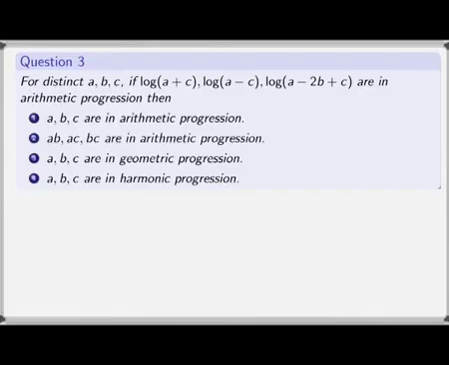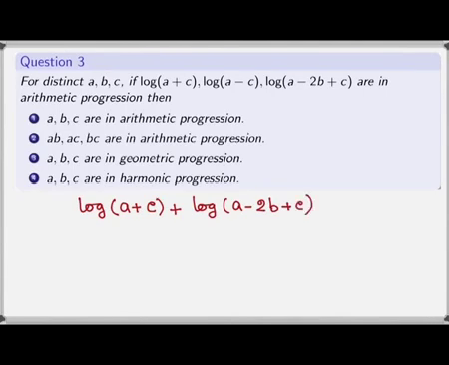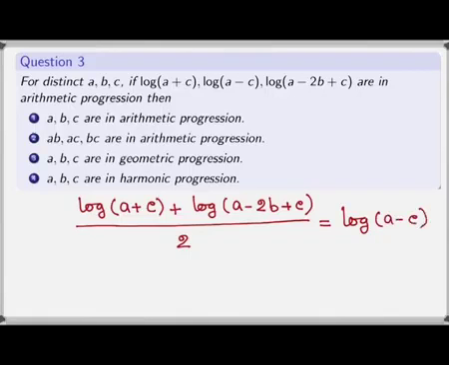Since log of a plus c, log of a minus c and log of a minus 2b plus c are in arithmetic progression, we can write log of a plus c plus log of a minus 2b plus c whole divided by 2 is equal to log of a minus c.